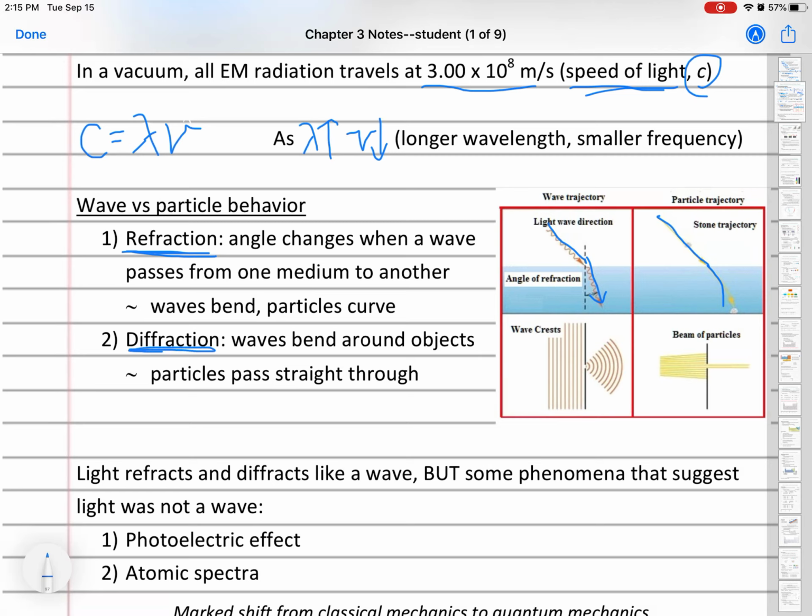The other feature of waves is diffraction, and diffraction is the tendency of waves to bend around objects. So if you have something that travels as a wave and it hits a wall with a hole in it, it will come out in these sort of bands. That's diffraction. Versus if you have particles that are traveling and hit a wall with a hole in it, they will come out straight out of that hole in a straight trajectory.